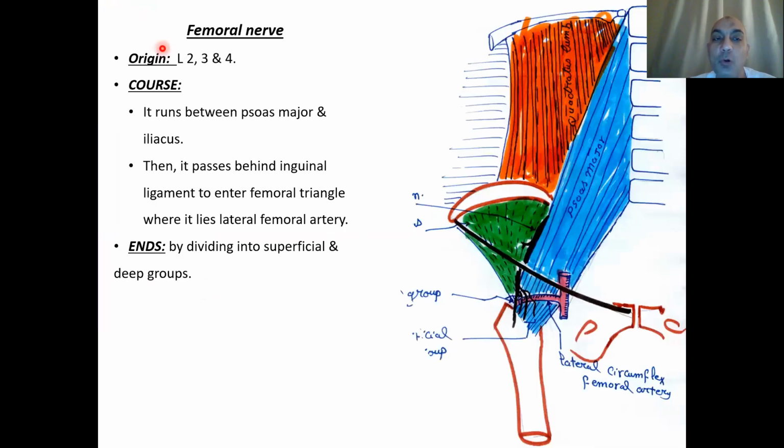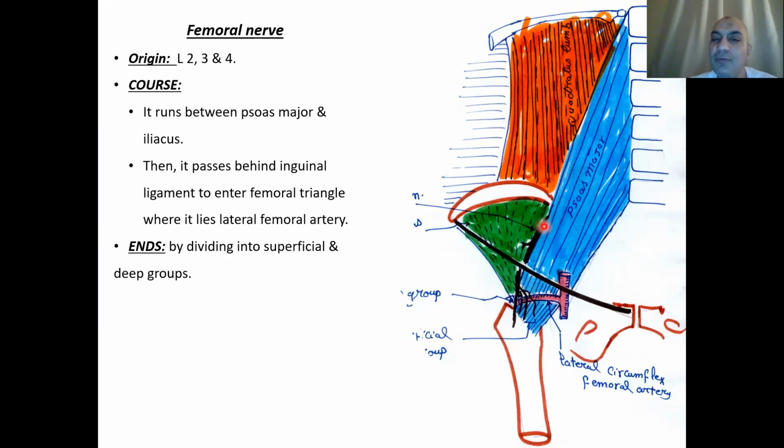So the femoral nerve origin, root value, L2, L3, L4. This nerve passes between psoas major and iliacus. The muscle in baby blue is called psoas major, and the muscle with greenish coloration is called iliacus. This picture is in the abdomen, and this part is in the leg, from the side.